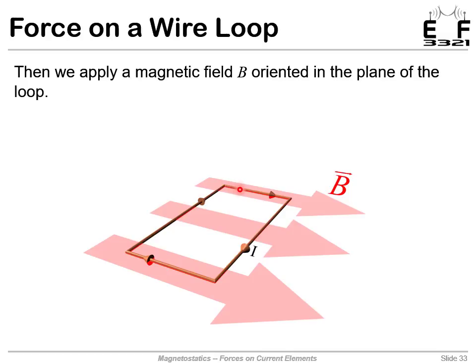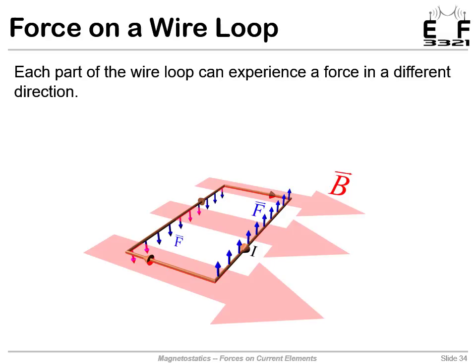So in fact, there is no force on this part of the loop and this part of the loop. Now when we move to this face, now current and B are completely perpendicular, and we will get a force. And in fact, in this part, the force will be up. On the other part of the loop, because the current is now traveling in the other direction, the force will be down.